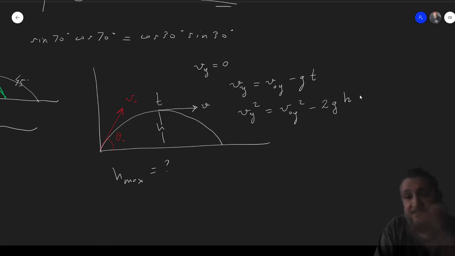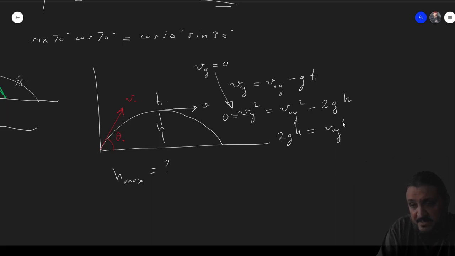And vy is 0. Therefore 2gh is equal to v naught y squared. H is v naught y squared over 2g.